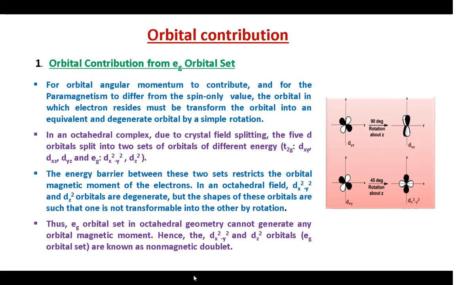Hence, the dx²-y² and dz² orbitals, meaning the eg orbital set, are known as a non-magnetic doublet. These orbitals are non-magnetic in the sense of orbital magnetic moment. However, spin magnetic moment is still generated by these orbitals.